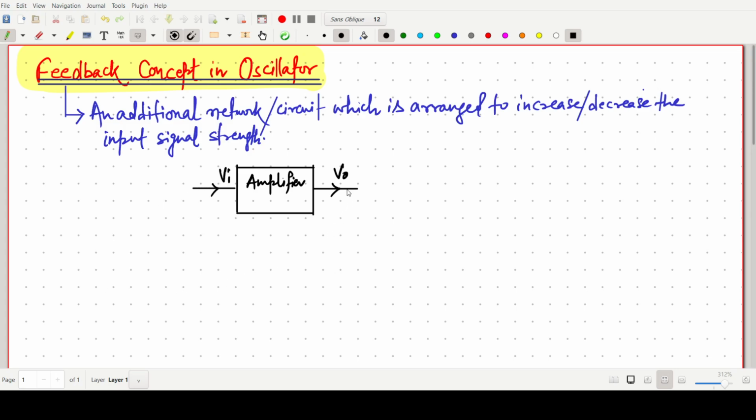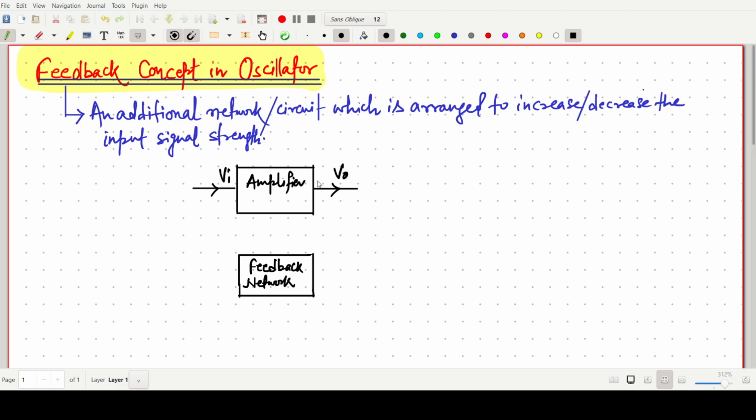And if we feed this output through some additional circuitry, for example, this one is some additional network that I am saying it is a feedback network.